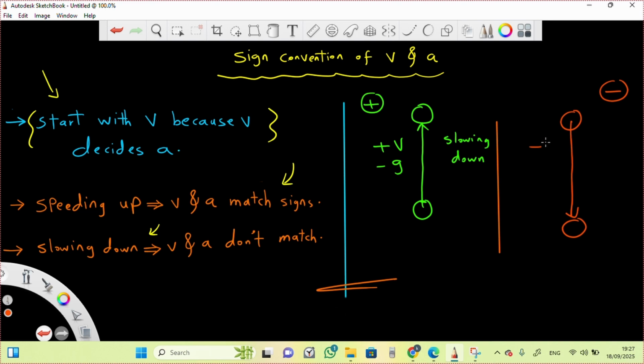Therefore, velocity is going to be negative, and as you are going downward, now we understand that the object is speeding up, and speeding up simply means acceleration is going to take the same sign of velocity, which is here negative. Therefore, it's going to be negative little g, right? So as long as you're speeding up, they're going to match. As long as you're slowing down, they are not going to match, right? Here, speeding up.